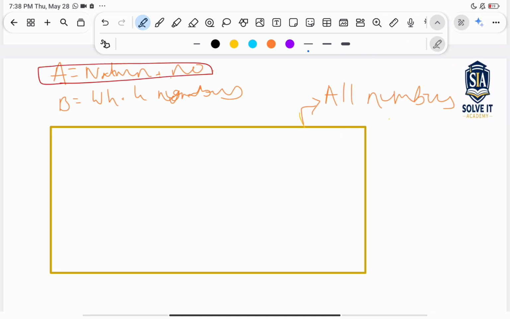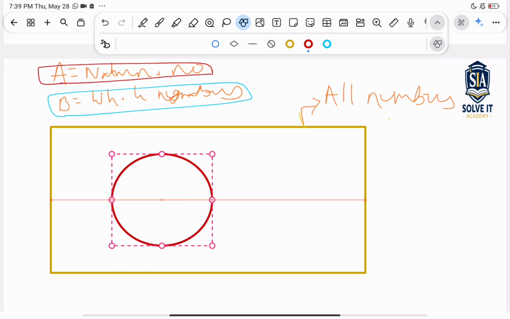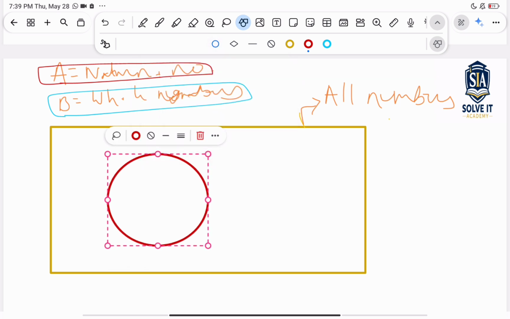A is a natural number and B is a whole number, remember.